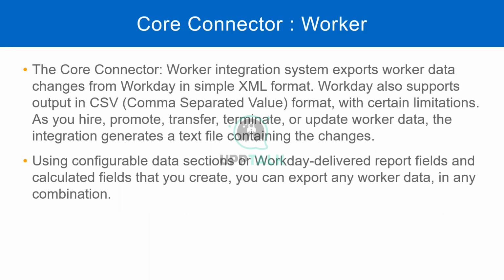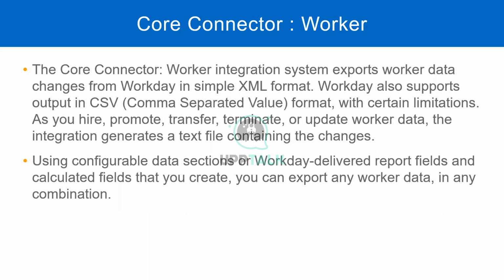Like typically when you create an integration, when you exchange data between one system, let's say between Workday and an external system, would you always send all the data for everything? All workers, all changes, all information? Maybe the first time you will do it, where you do a full extract with all the information.